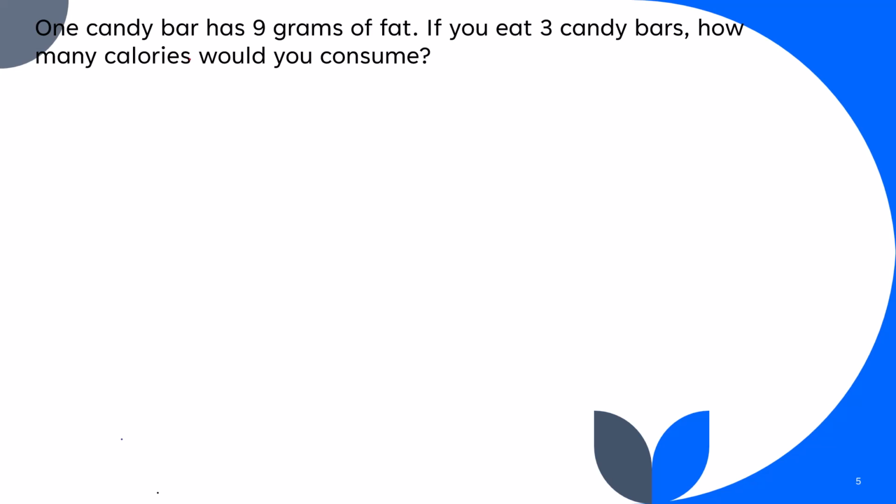Okay, now let's try another problem. The problem reads, 1 candy bar has 9 grams of fat. If you ate 3 candy bars, how many calories would you consume? We do this the same way, starting with the first step. What is the desired unit? In this question, we're asking how many calories would you consume?